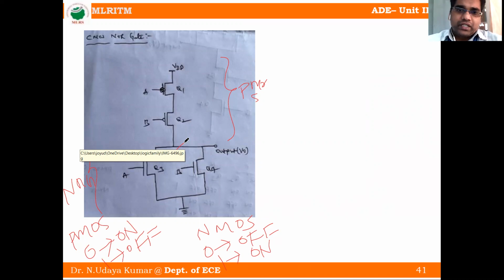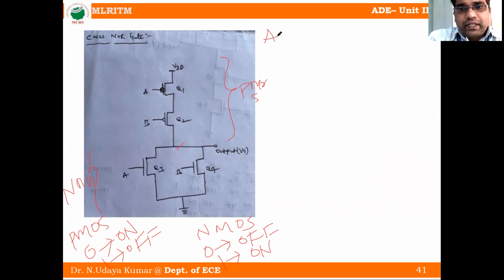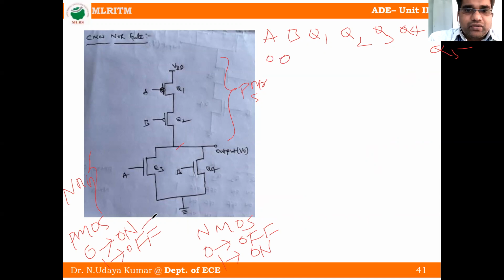Two input CMOS NOR gate. The inputs are A and B. The transistors are Q1, Q2, Q3 and Q4. Okay. So first case, 0 0 is given. So 0 is given, the transistor is on in PMOS. The upper ones are PMOS and the lower ones are NMOS.